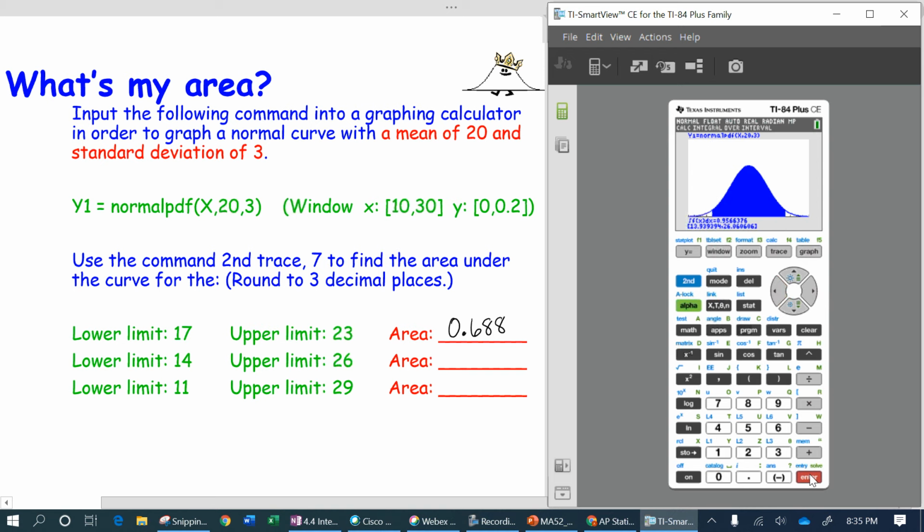And here we see that we have an area of 0.9566, so 0.957.